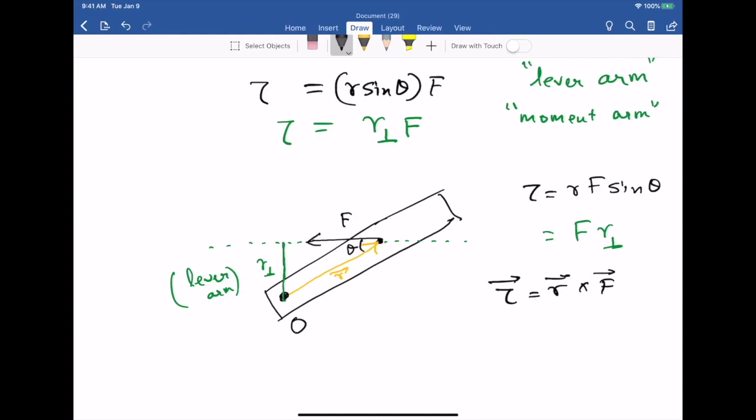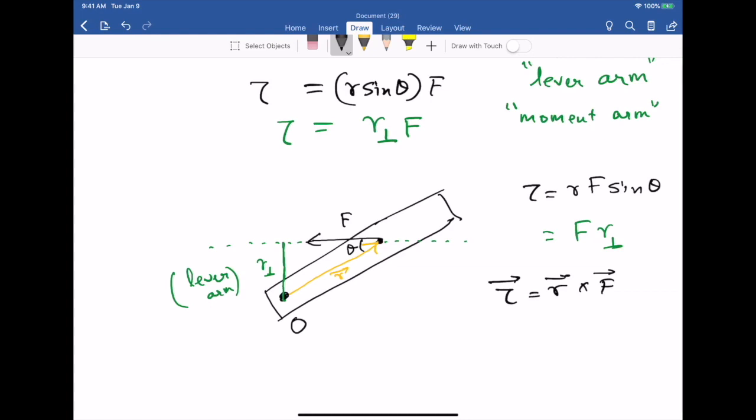In this chapter and also in the next chapter, we are not really going to bother with the actual direction of the torque vector. It's enough for our purposes to just keep track of whether a certain torque is a counterclockwise torque or a clockwise torque, right? What does that mean? Just ask yourself, what is the force F trying to do to the object relative to the fixed point O?